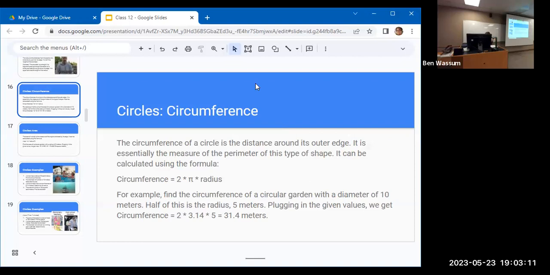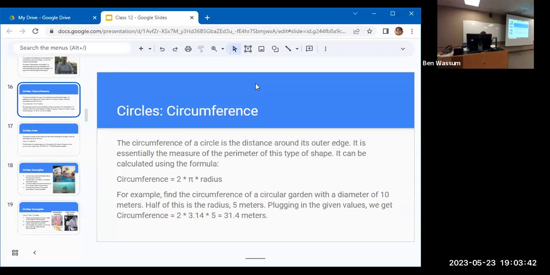Circumference is 2 times pi times the radius, or you can write it as C equals 2 pi r. For example, find the circumference of a circular garden with a diameter of 10 meters. Half of that is the radius, 5 meters. Plug it in, and you get 2 times 3.14-ish times 5, about 31.4 meters.